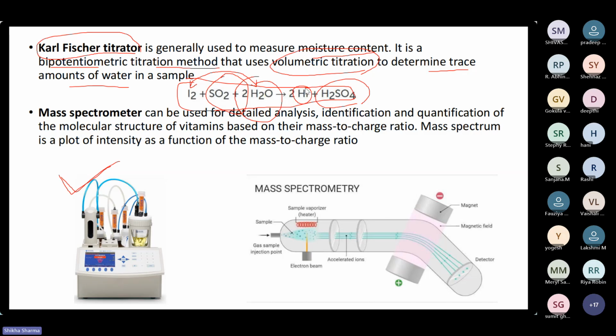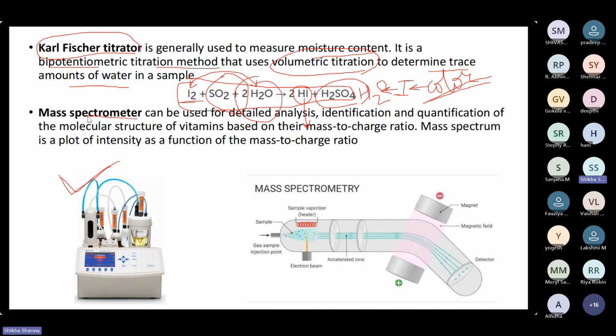So we measure the amount of iodine. Indirectly, based on the amount of iodine detected during the titration, when the titration volume is reached there will be a color change, like in a basic titration. From that we quantify the iodine, and based on that we quantify how much water is present in the food sample.